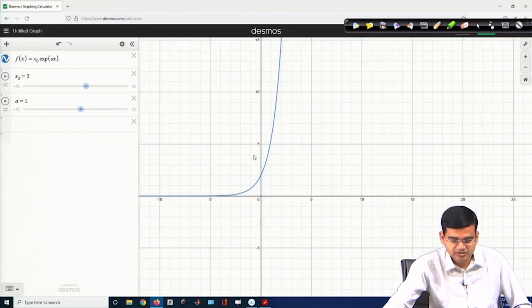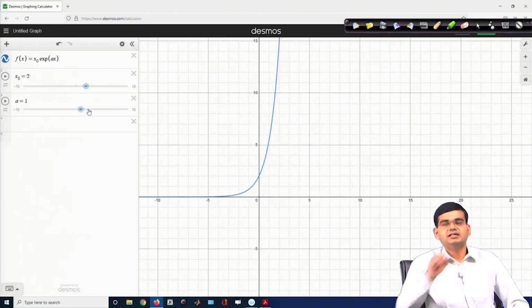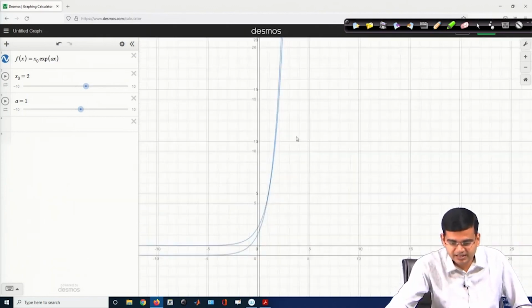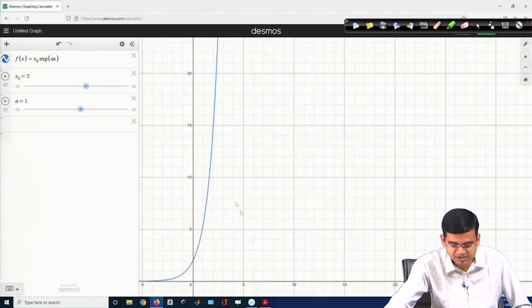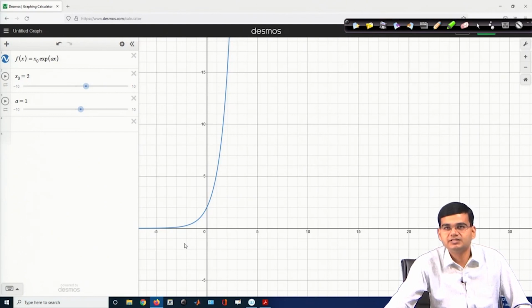Okay. Fine. So, I will fixate some value of initial condition, say I will fixate it on 2. Now, for a equal to 1, which means a is greater than 0, I see an increase in the value. See, time t equal to 0 starts from here. So, for engineering applications, this negative part of the time does not exist. For the sake of mathematical completeness, we can always analyze the problem for negative time as well.